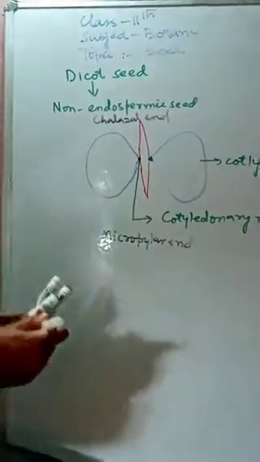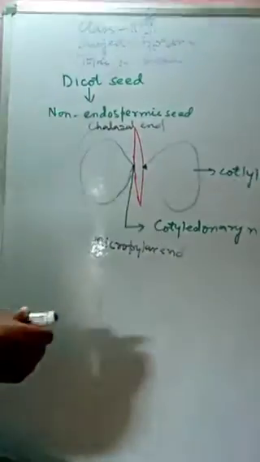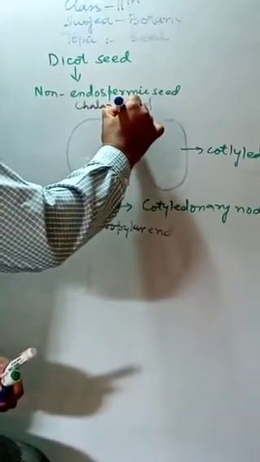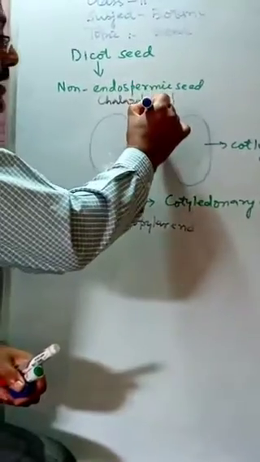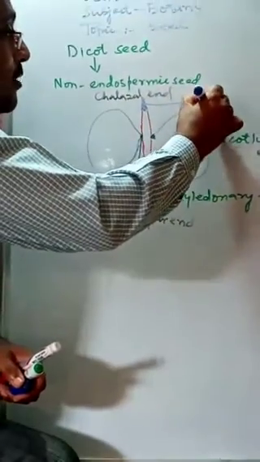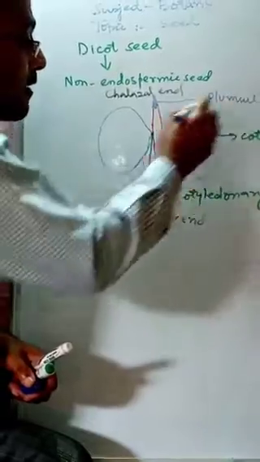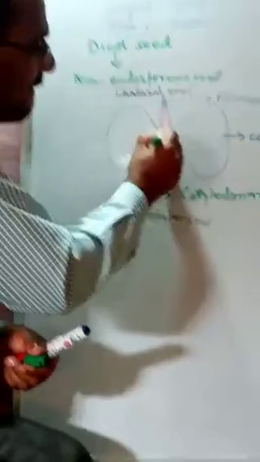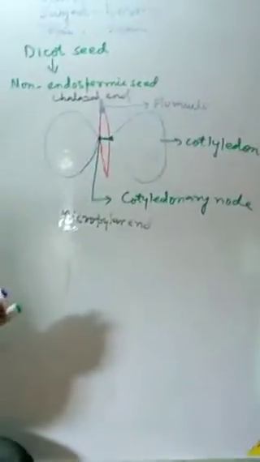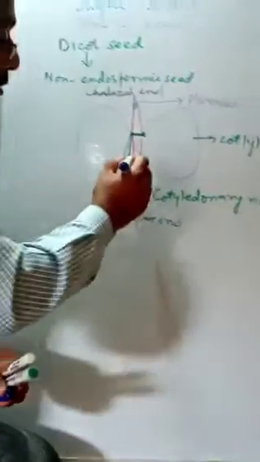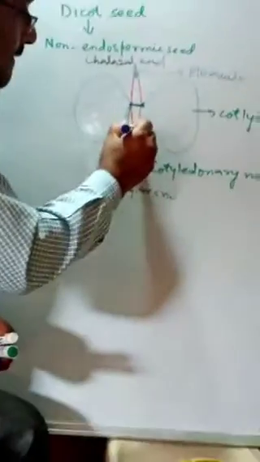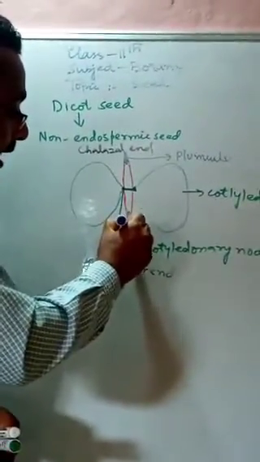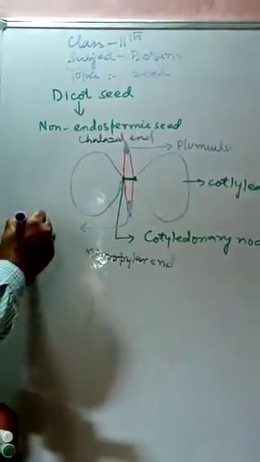Now, the part towards this end, this is called as plumule, and the part towards this micropylar end, this end, this is called as radicle.